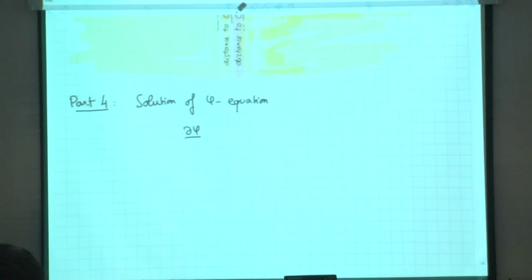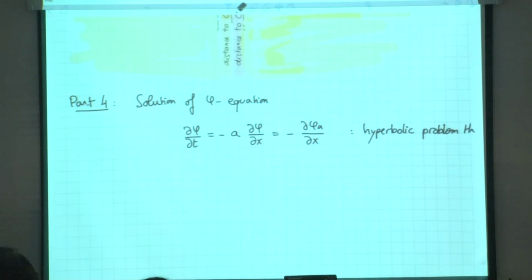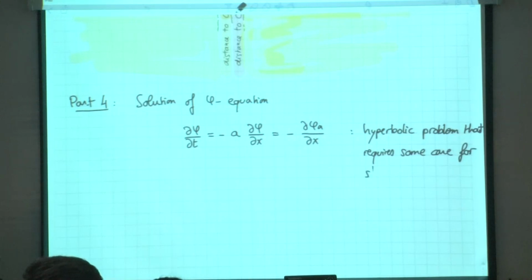Clearly, if you want to solve d phi dt equal to minus a d phi dx in 1D, or alternatively minus d phi a dx, well, this is a hyperbolic problem. And the hyperbolic problem requires some care for stability.